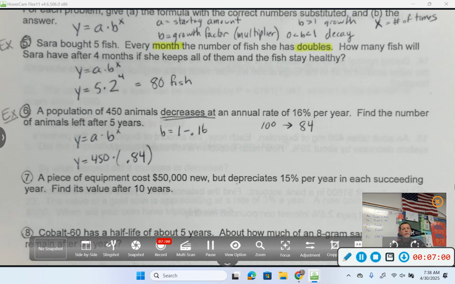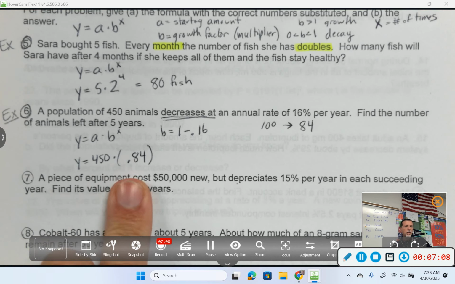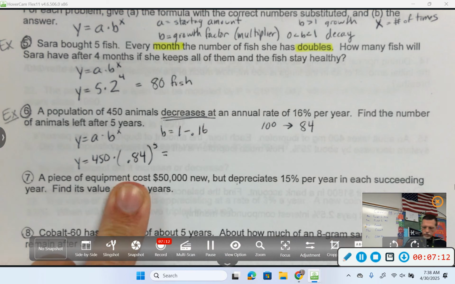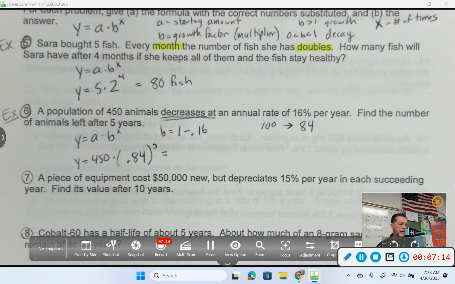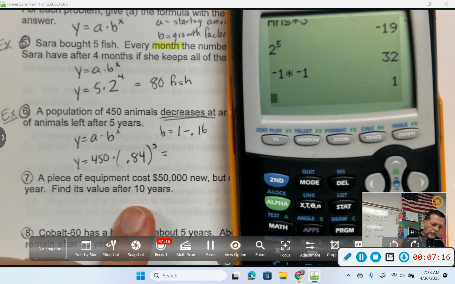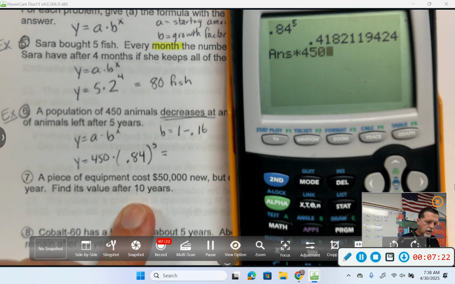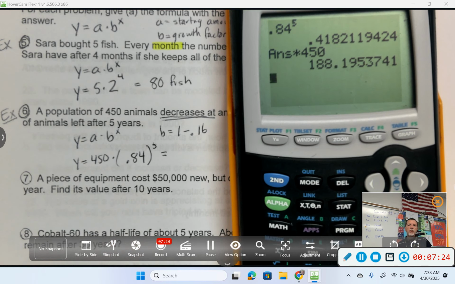Right, so if you multiply by 0.16, then you would have to subtract that from 450 and do that 5 times. But it's just easier to multiply by 0.84 5 times. That one would need a calculator, unless you know what 0.84 to the 5th is. So 188.